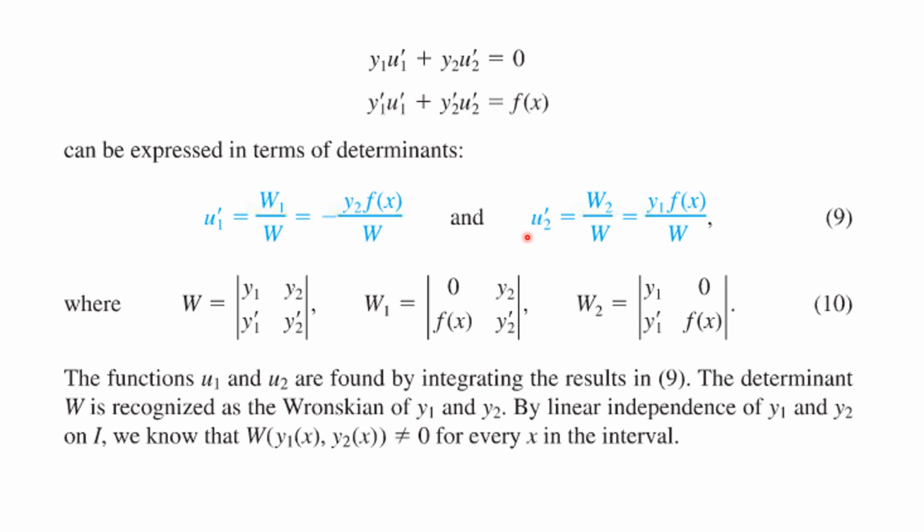I don't have to worry about my constants of integration, and I will have a solution to the problem. They're found by integrating the results. And by the way, you notice that this W actually is the Wronskian, and you know the Wronskian doesn't equal 0, so it's okay to divide by it.